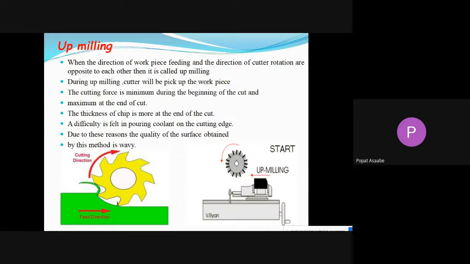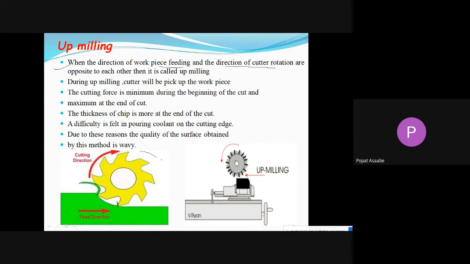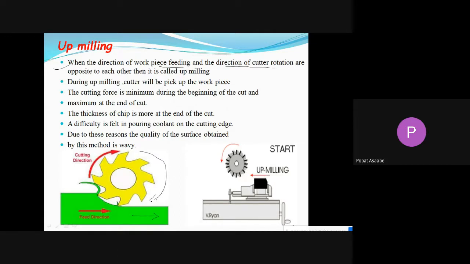Simple. See here, when the direction of your workpiece feeding and the direction of your cutter rotation are opposite to each other, the cutter rotates in this manner and we are giving the feed to the workpiece in this direction. Means both directions are opposite.